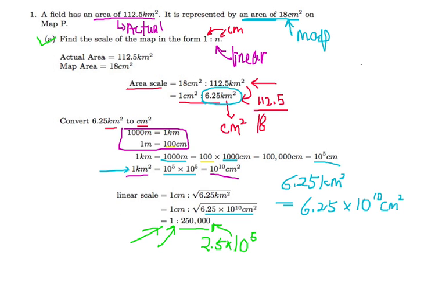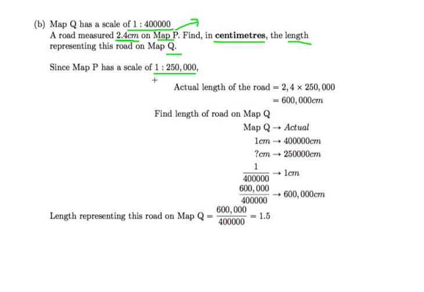If your answer in part A is wrong and you move on with this part, then your answer is obviously different. You probably get marks for method, maybe 1 mark, but that's about it. You won't get the full marks. So make sure that you check your first part and then make sure that you get the second part correct. Good. So map P has a scale of this.